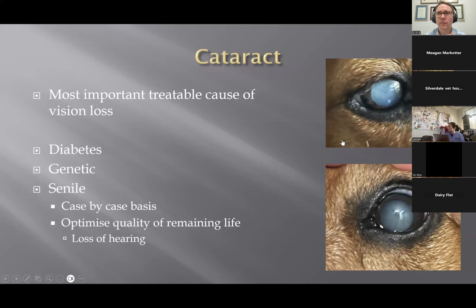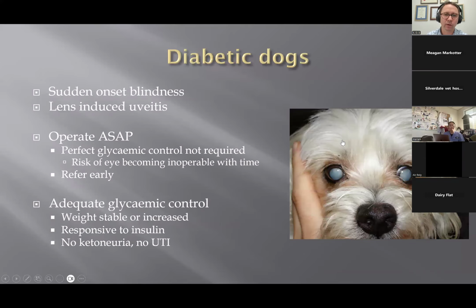For cases that are suitable for surgery like that, we're happy to consider them, take them on and discuss it with the owners. But not all dogs with cataracts are suitable for surgery, and certainly not all geriatric dogs are suitable. Just because they're old, it doesn't mean that they're not either. We've certainly had some really great outcomes with some old dogs and had a big improvement in their quality of life.